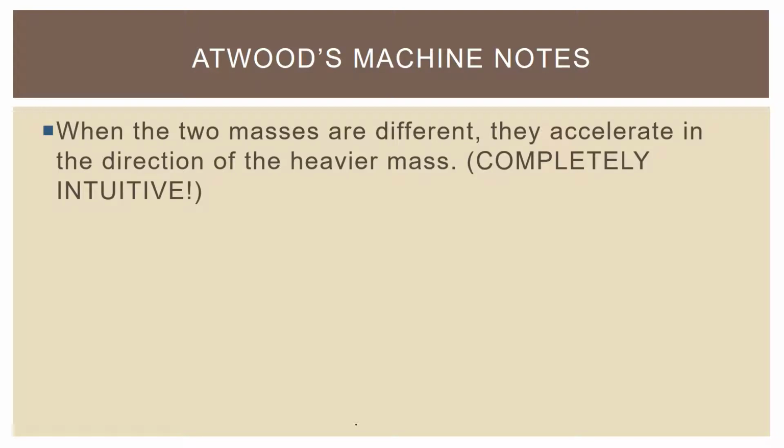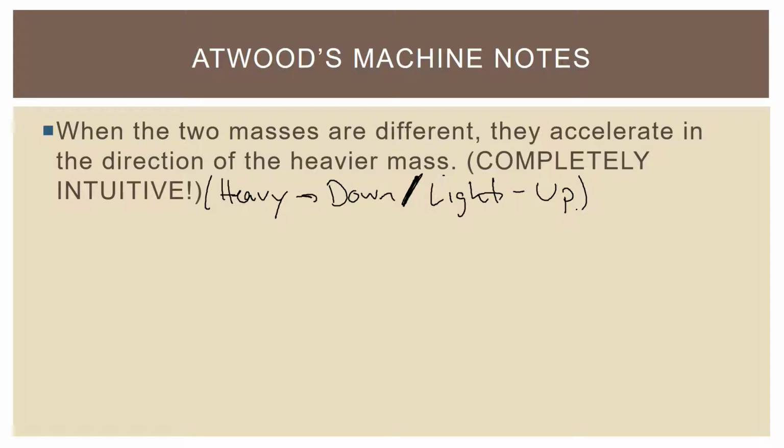That is completely intuitive. The heavier mass goes down. So I'm going to write heavy, it goes down. And if it's light, then it goes up. That makes complete sense to me. I hope it makes complete sense to you.